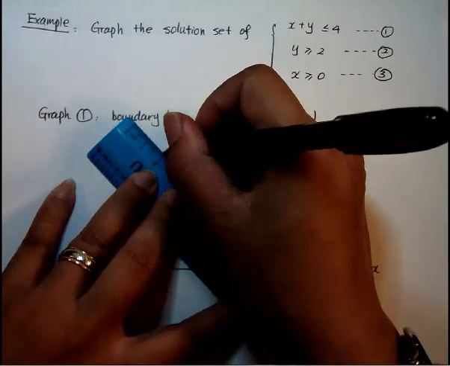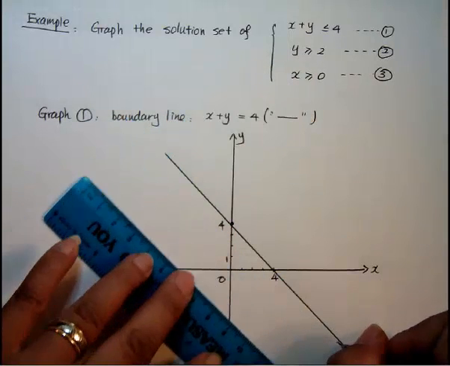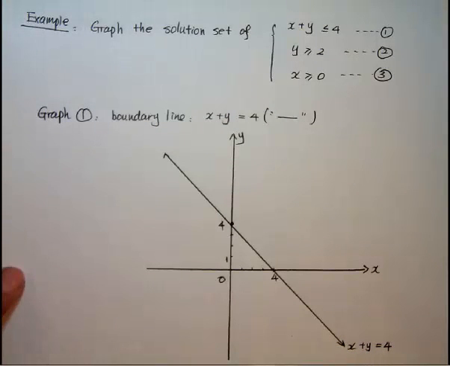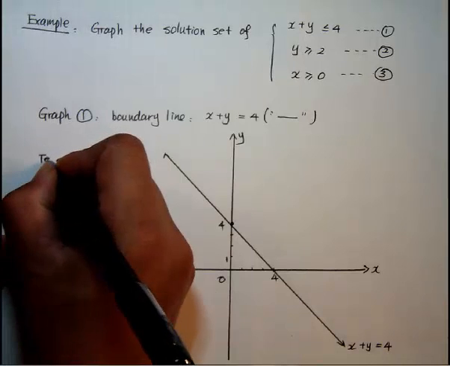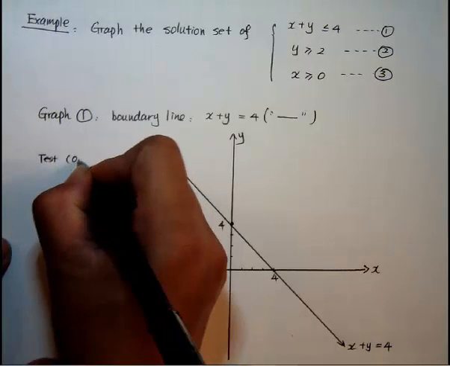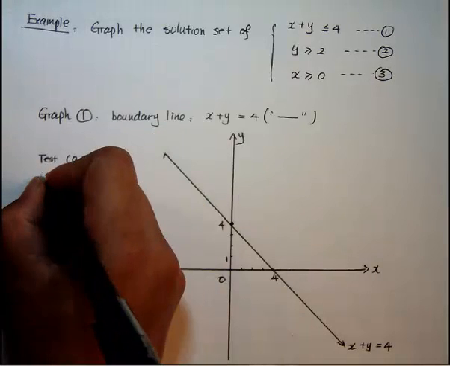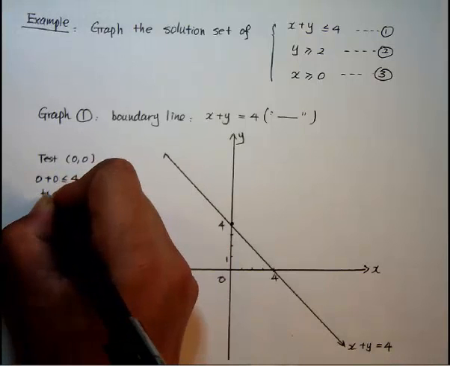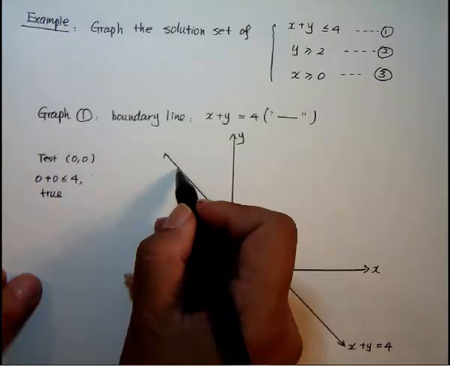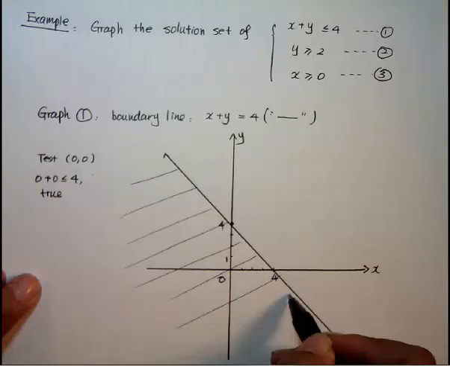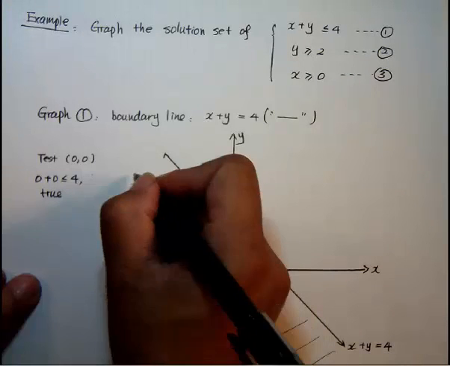Because it's the equal sign. I'm going to test my favorite point, 0, 0, because it's not on the boundary line. I can use that. So is 0 plus 0 less than or equal to 4? True. Then everything on this half plane, including the 0, 0, is the solution for inequality 1.